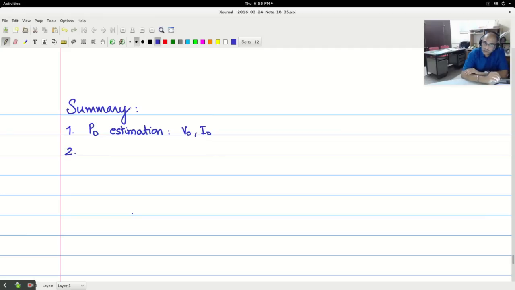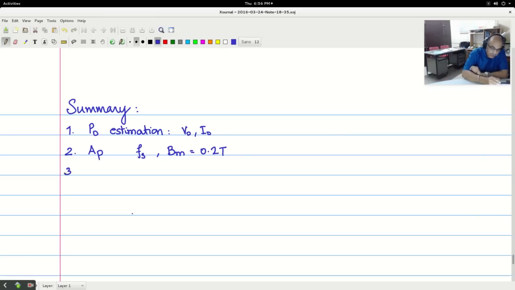Next, once you know P naught, you can evaluate the area product AP, and for this you need to assume a switching frequency. Switching frequency is a designer choice depending upon what devices you are going to use, how fast the MOSFETs are going to be. You may want to switch at 20 kHz, 50 kHz or 100 kHz. And then you use Bm, and if it's ferrite, you can start with a value of 0.2 Tesla.